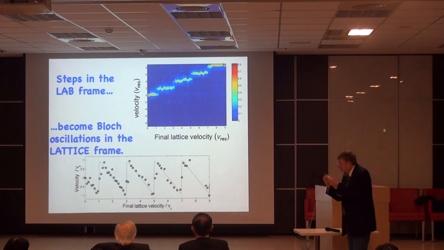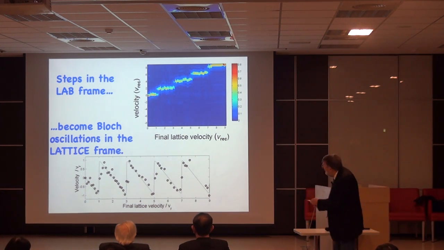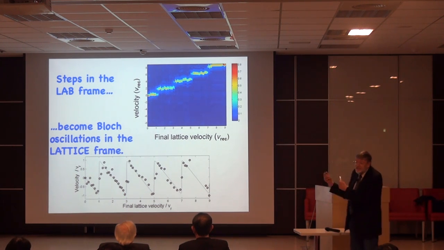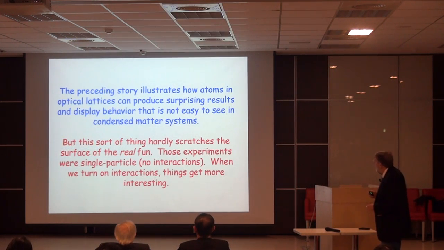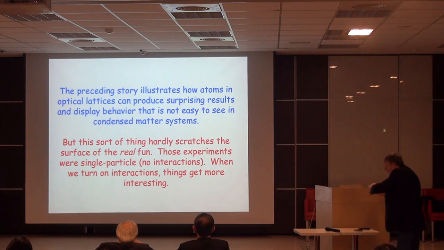If I put on a constant acceleration, then the electrons are just going to oscillate back and forth and not go anywhere. And that's exactly what happens to our atoms, but that's not what happens in general to electrons in the solid.